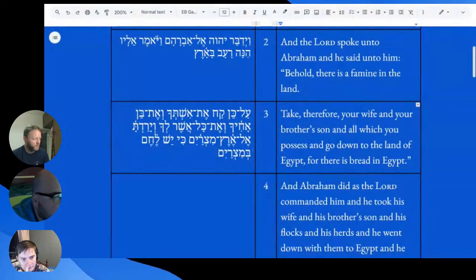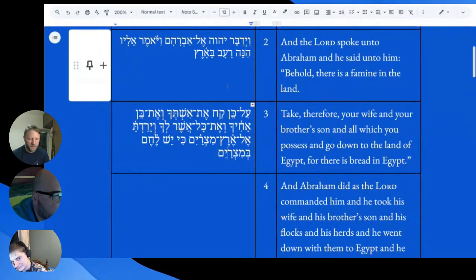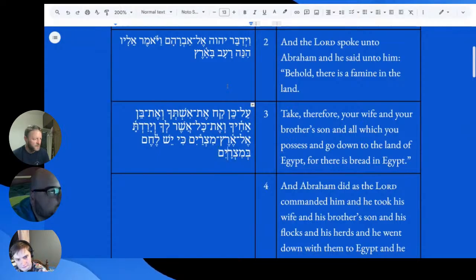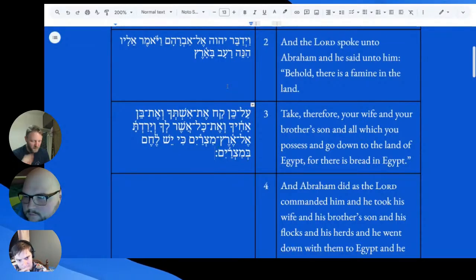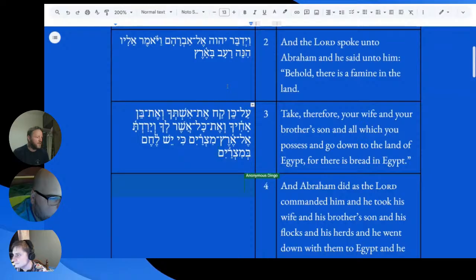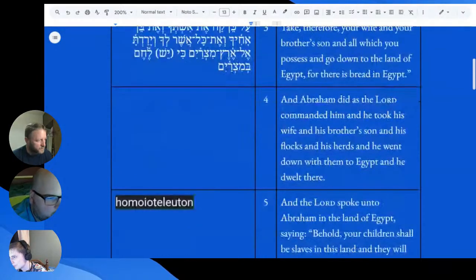In the Bible, this also would be considered pause, and it would have kamatz instead of patach, because it's at the end of the verse. And the verse is marked with sof pasuk. Okay, אל ארץ מצרים, כי יש לחם במצרים. I would really put that word in parentheses. כי לחם במצרים, generally.